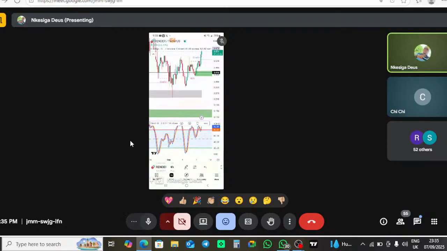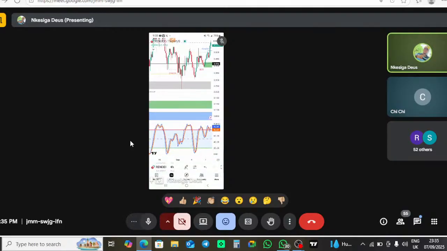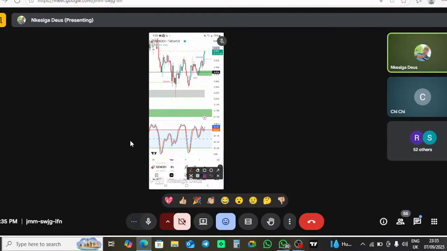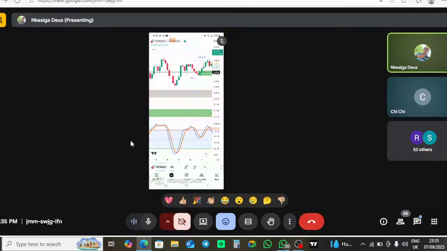What we need to understand is that these lines you are seeing on our chart, moving in a zigzag way, are the signal lines we are talking about. We said the blue one will always detect as fast as possible.